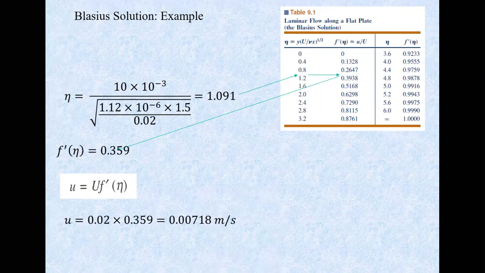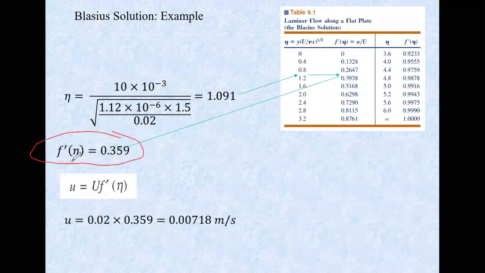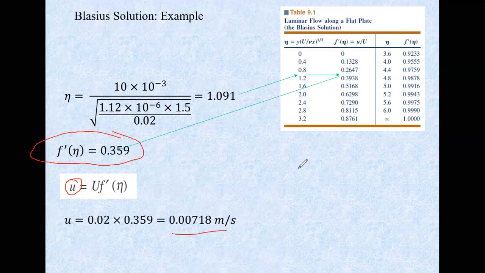Since f prime of eta is equal to u over capital U, then you can find what's your velocity on this one. You have 0.00718 meter per second. So at that point, you have this capital U equal to 0.02.